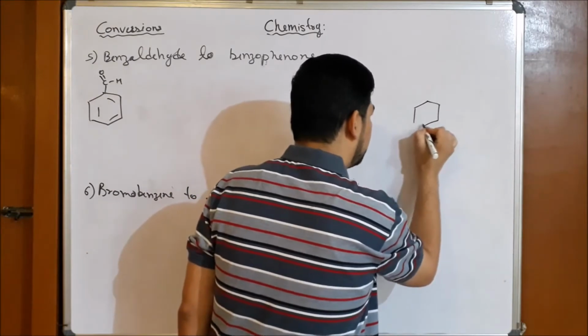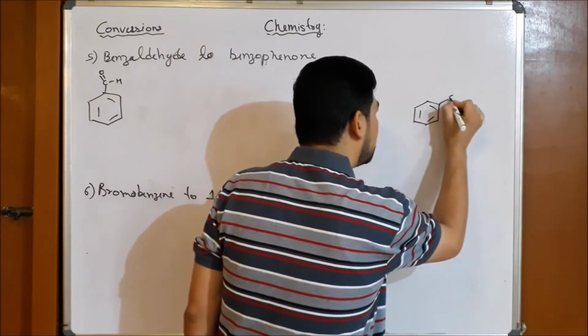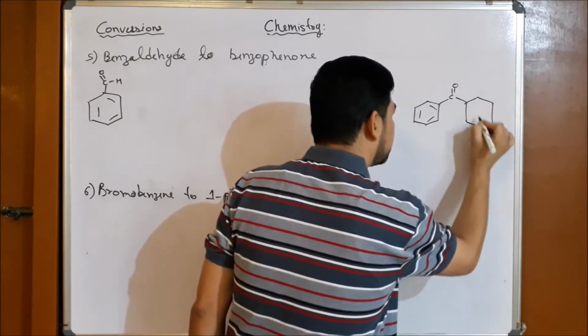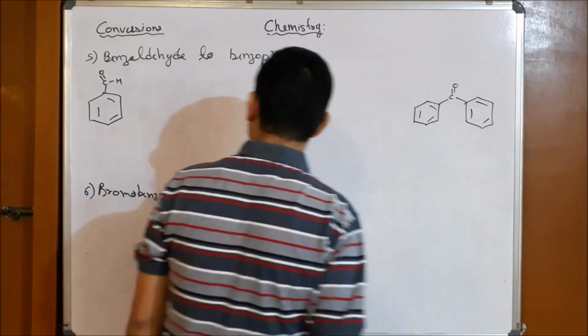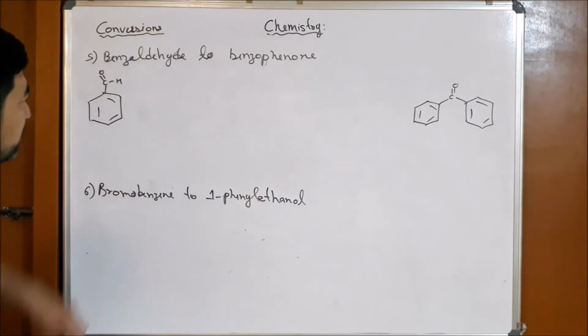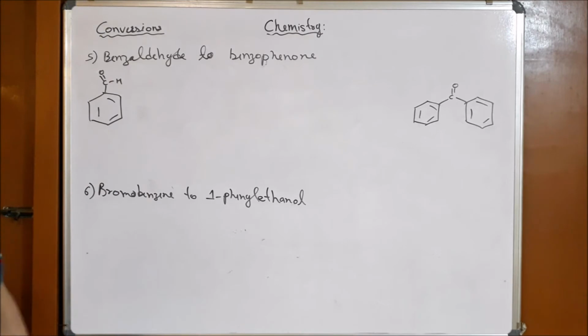So it's basically benzophenone as this group. So benzaldehyde to benzophenone means you have to add one more benzene ring here.